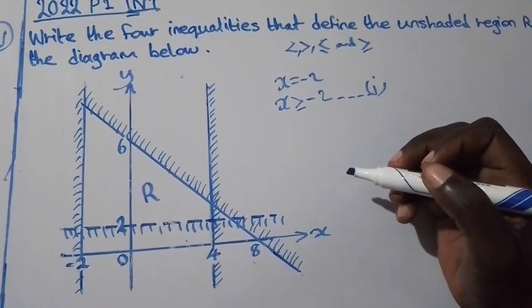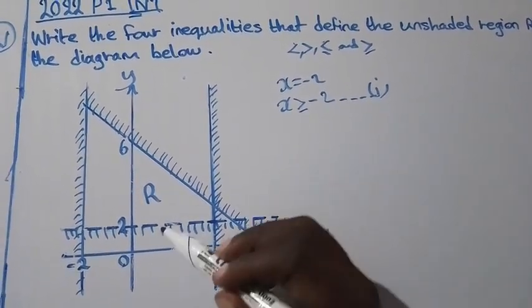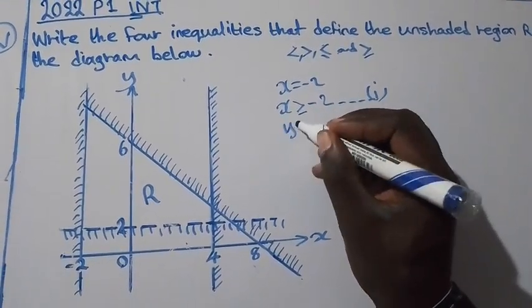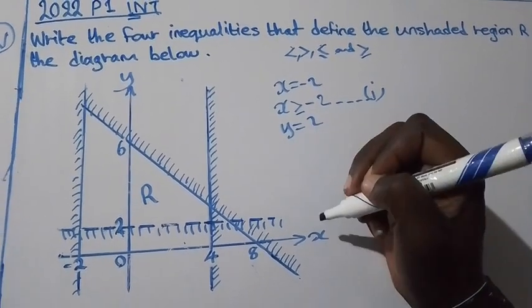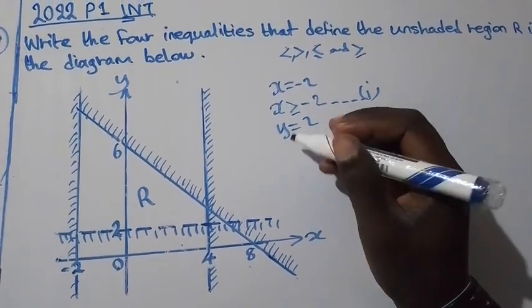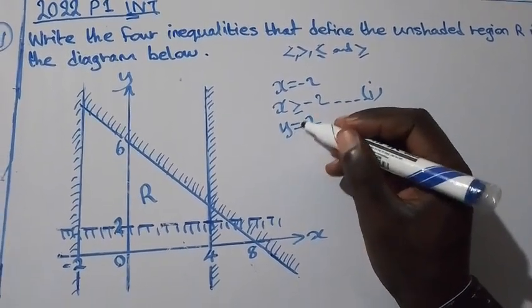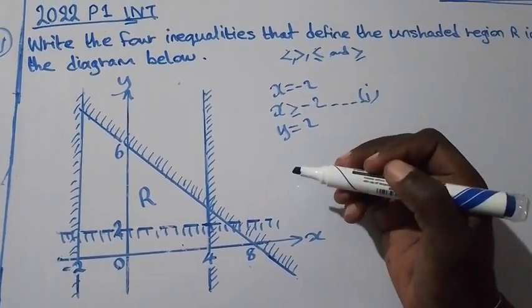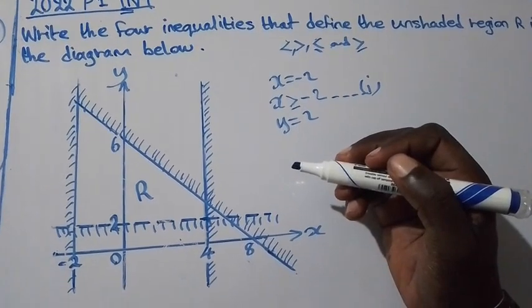We go to inequality 2. So we are going to pick this one, which is y equal to 2. Now, with inequalities, we have to remove the equal sign and replace the recommended symbol.